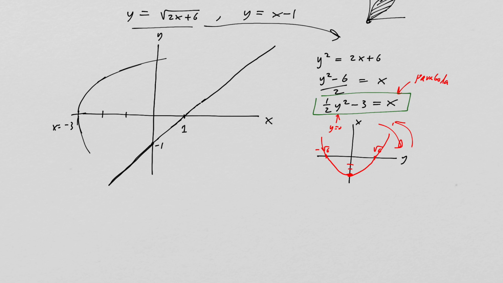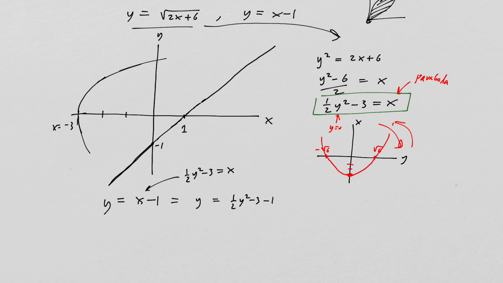So what I can do is take y is equal to x minus 1, but now I'm going to plug in 1/2 y squared minus 3 equal to x into there and see if I can find the points of intersection. Okay, so that's going to be y is equal to 1/2 y squared minus 3 minus 1.